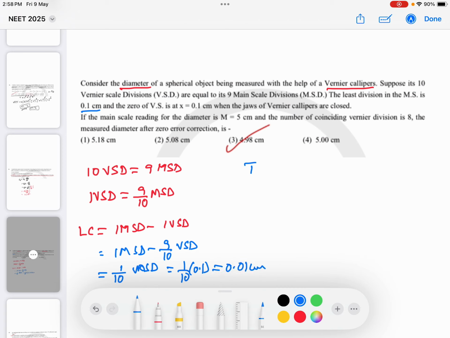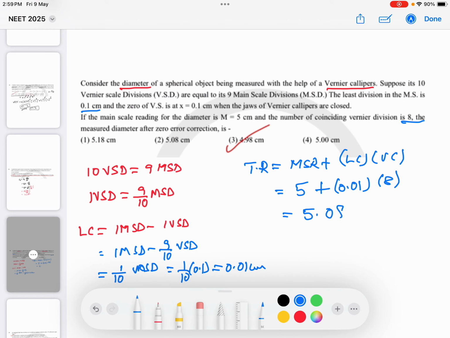Total reading is main scale reading plus least count into Vernier coincidence. Here the main scale reading is 1 centimeter, the least count is 0.01, and the Vernier coincidence given is 8. So according to the data, the reading is 5.08.